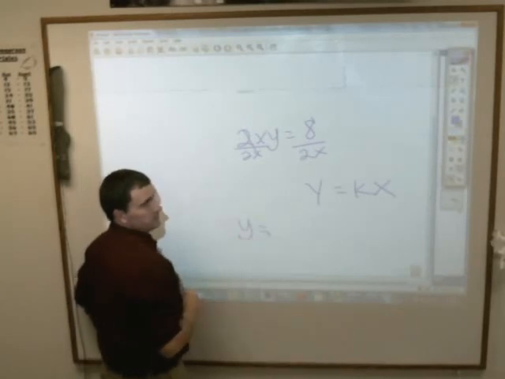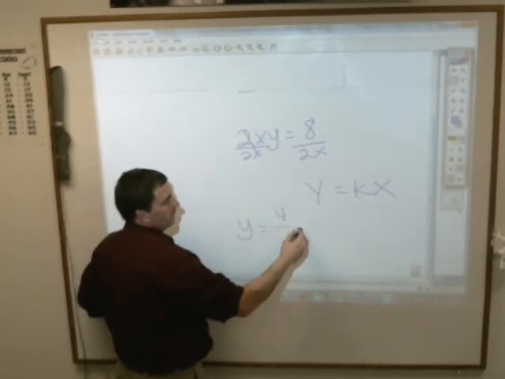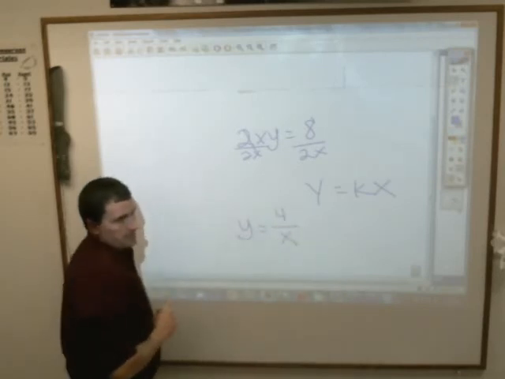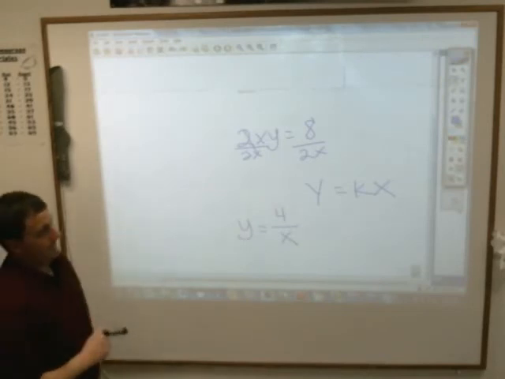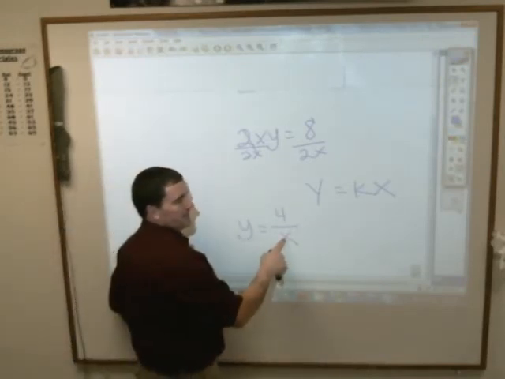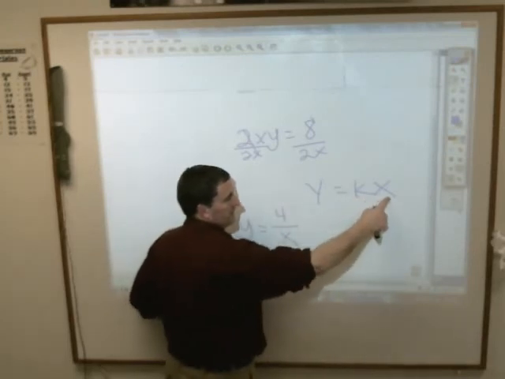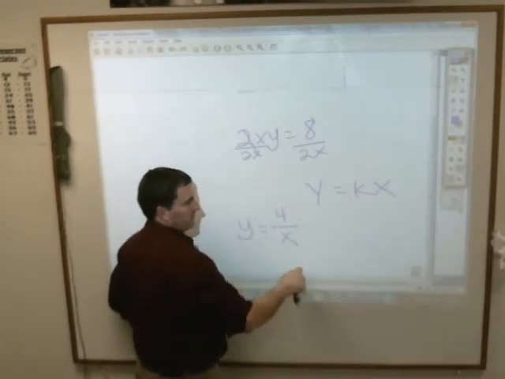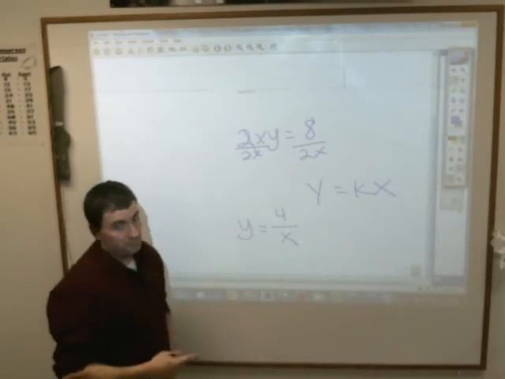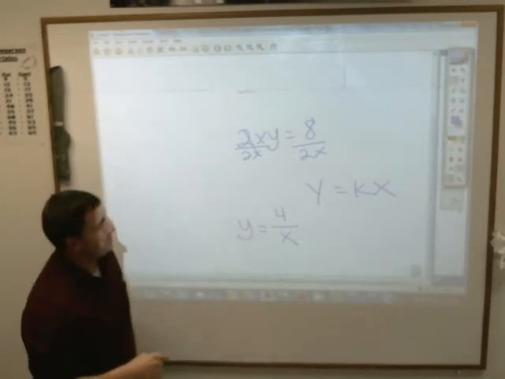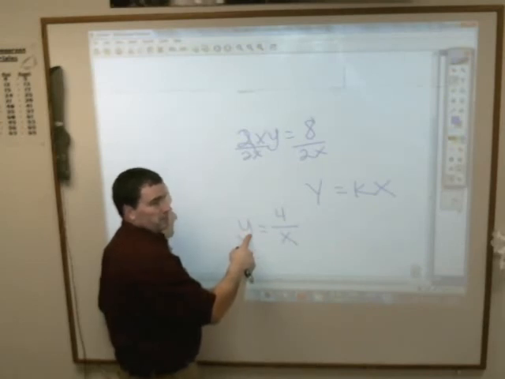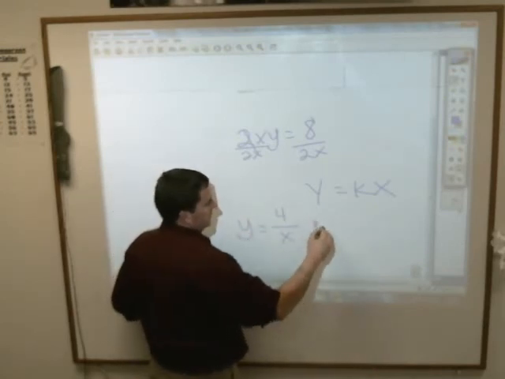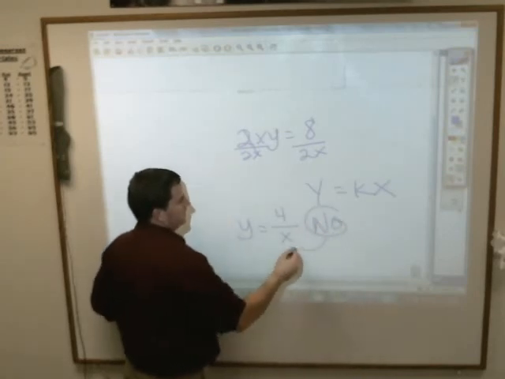Y equals 4 over x. There's nothing you can do with this x that will put it over here like this. The x cannot be on the bottom of the fraction. If it was on top, you'd be fine, but on the bottom, no. This is actually an example of indirect variation. That one will go up, the other one will go down. So this is another no.